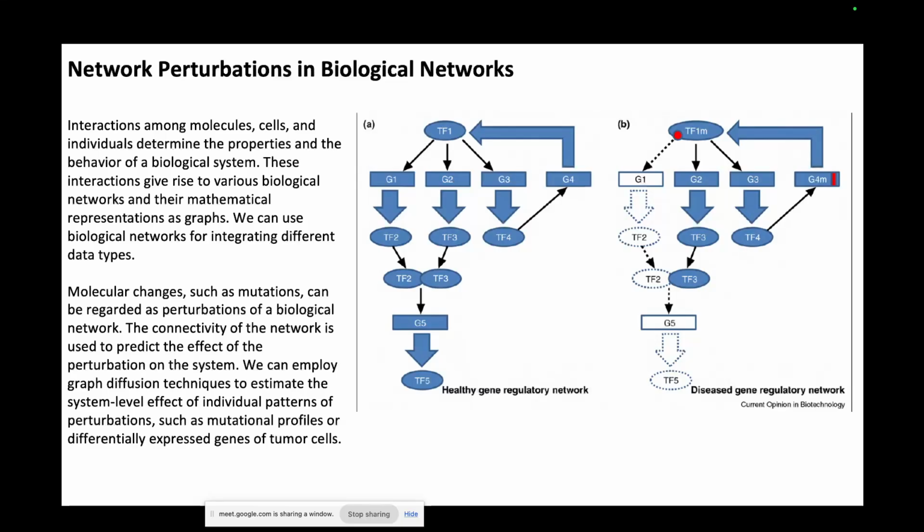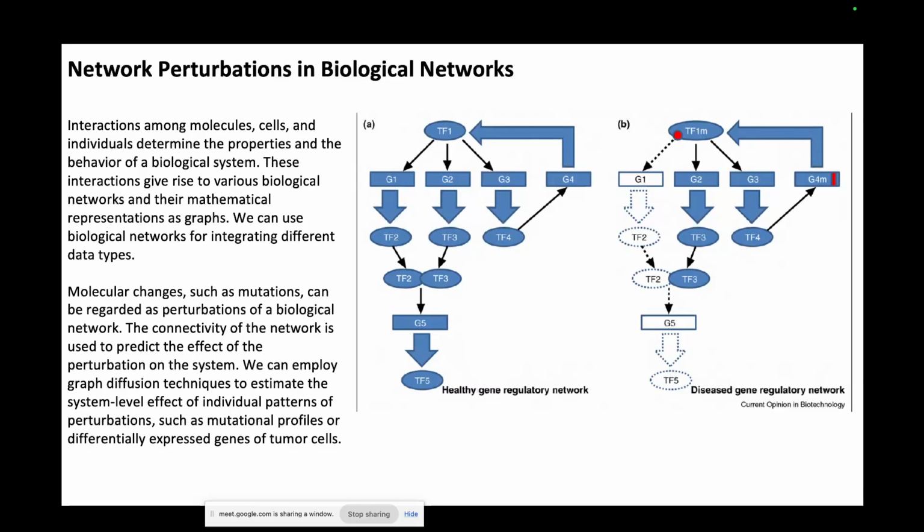There are a lot of combinations possible, and each of these networks can be used to understand the actual mechanism by which a particular phenotype appears or a particular gene is expressed.